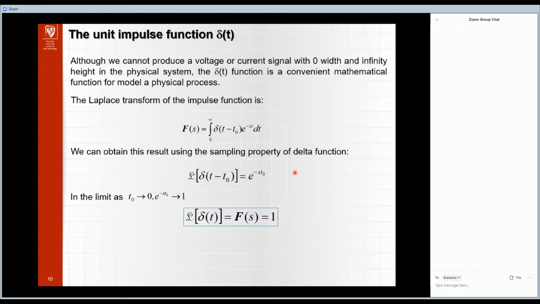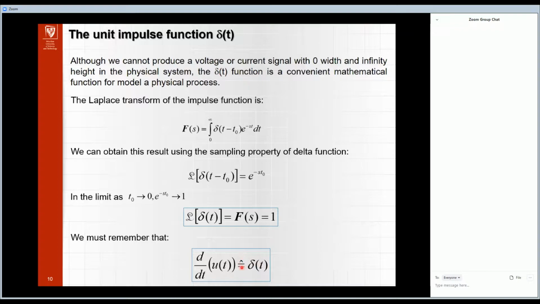So the Laplace transform of the unit impulse is equal to 1, just 1. So we can also remember that when we differentiate step functions, we just obtain the delta functions.